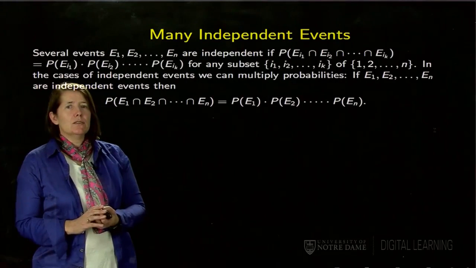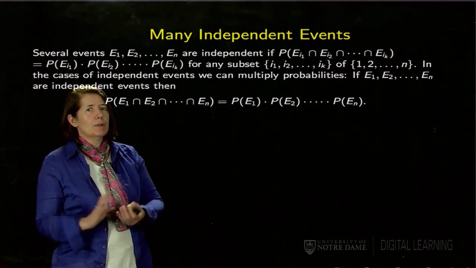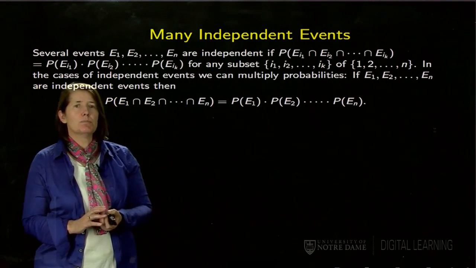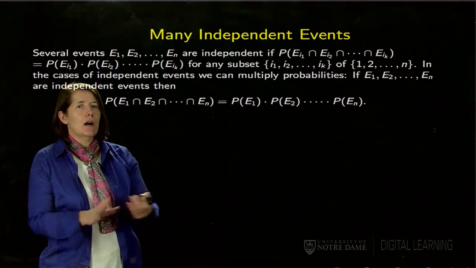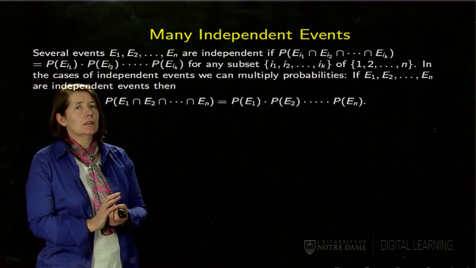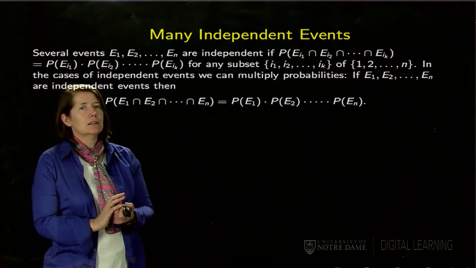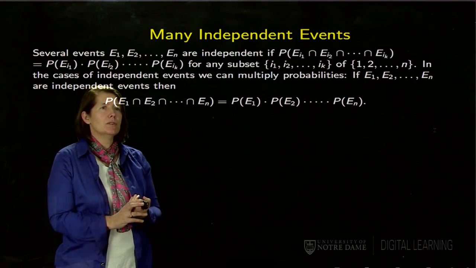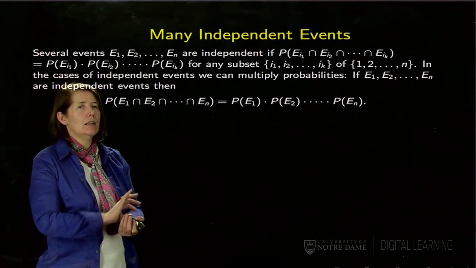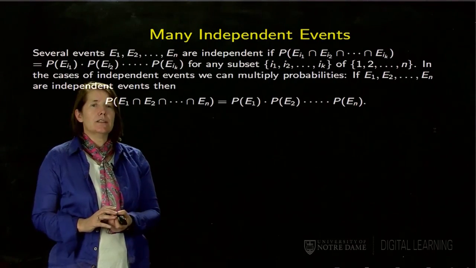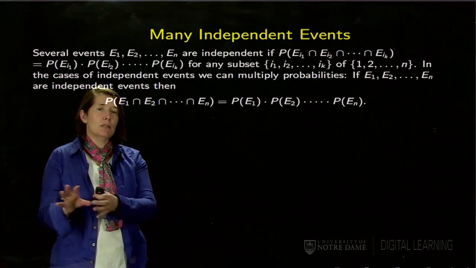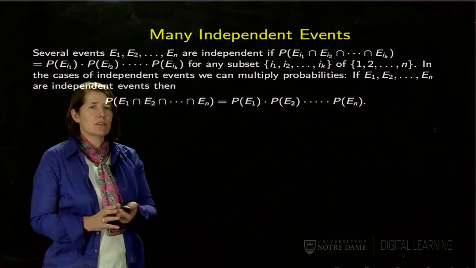Of course, this means that the probability that they all happen at the same time has to be equal to the product of the probabilities of each event. Now this amounts to saying that the probability that the nth event happens doesn't depend in any way on any combination of the other events happening, or whatever combination of the other events has already happened.